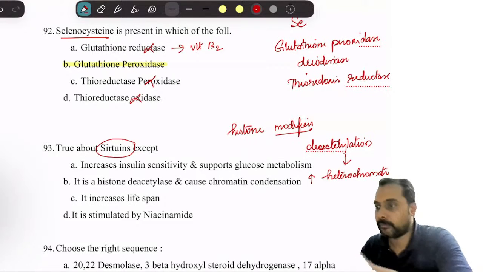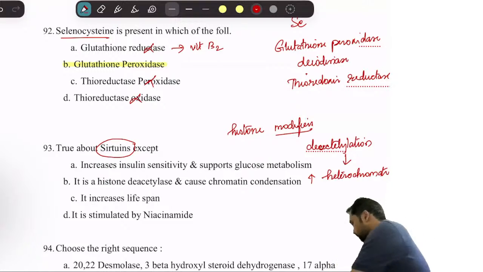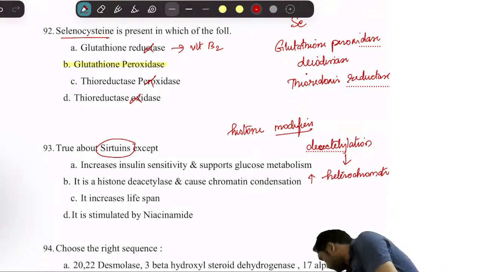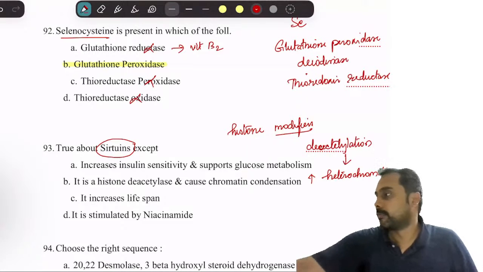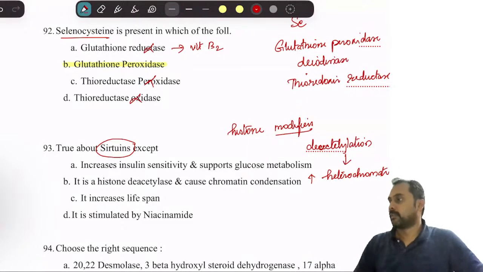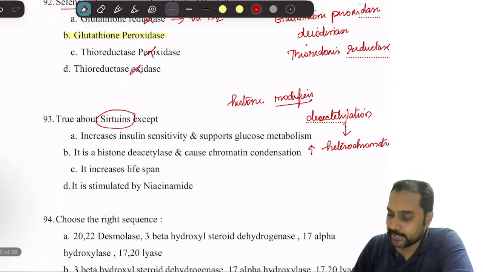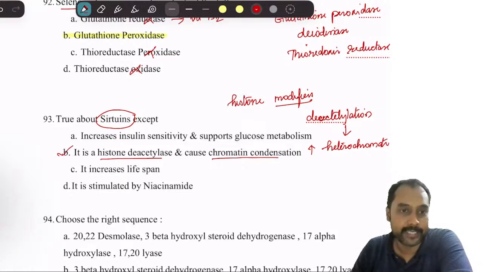Fine. Give me a minute. So here, that is one thing. So it is histone deacetylase and causes chromatin condensation. This is correct.